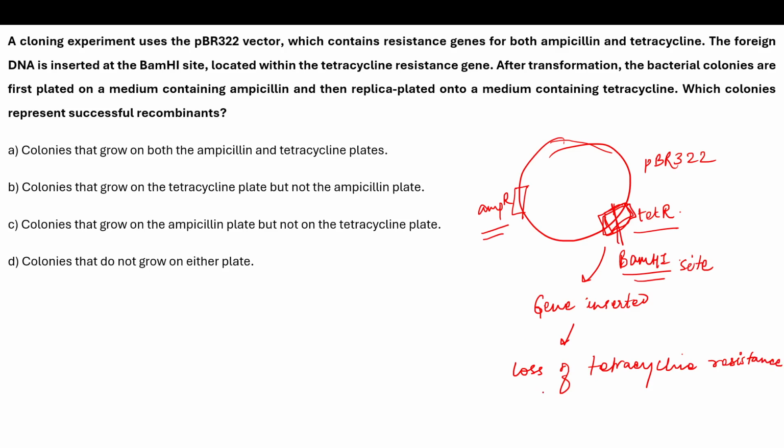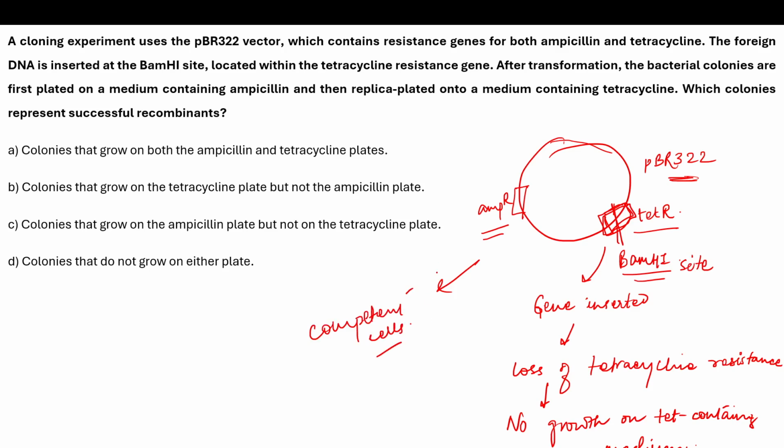Loss of tetracycline resistance, and hence there will be no growth on tetracycline containing medium, right? So now what happens is, if this recombinant vector has been put into competent cells, right?